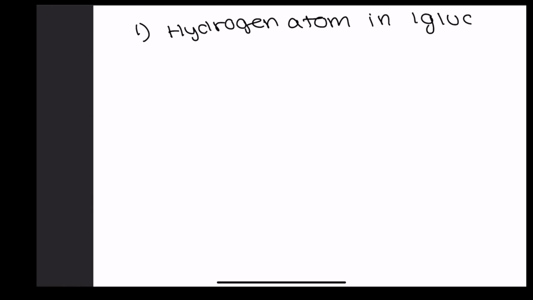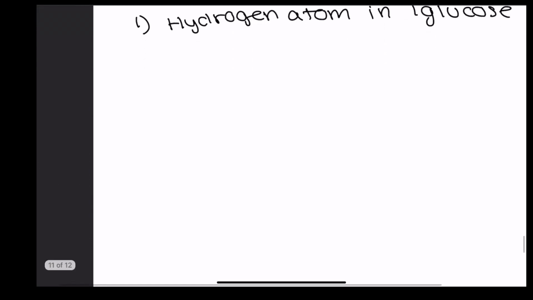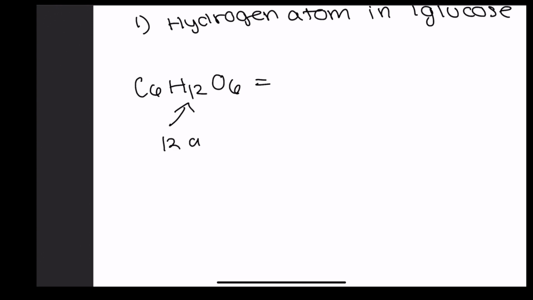Okay, I hope you guys solved it, and I'm just going to go over it with you. Number 1 is asking how many hydrogen are there in 1 glucose. We know that glucose is C6H12O6. That's 1 molecule, right? And there are 12 atoms of hydrogen.